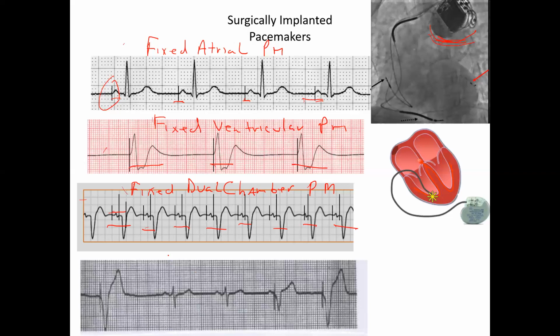The one on the bottom is called the demand ventricular pacemaker. So it's not coming at every ventricular beat. Like this is a ventricular beat here too without a spike. So it's only coming on these really wide erratic QRSs. Maybe one here too. So this is a demand ventricular pacemaker.